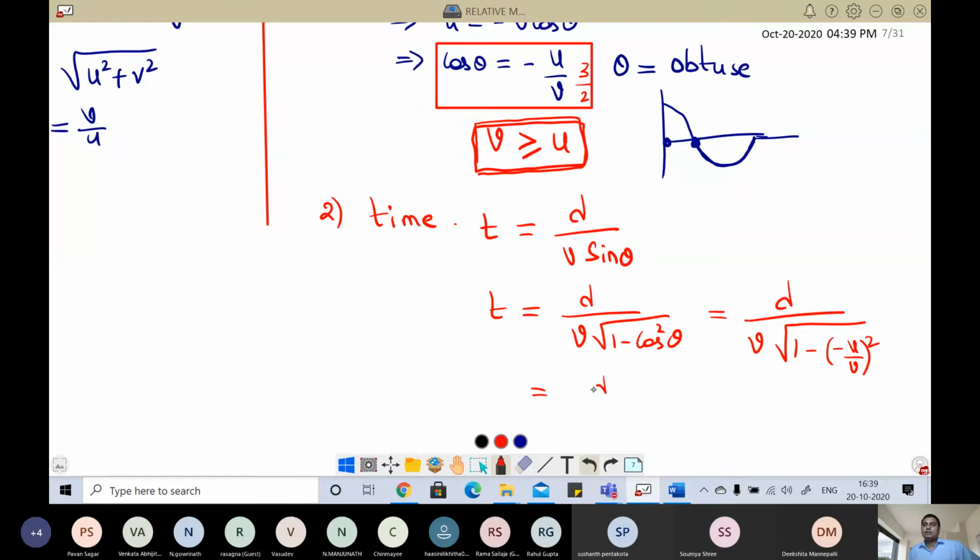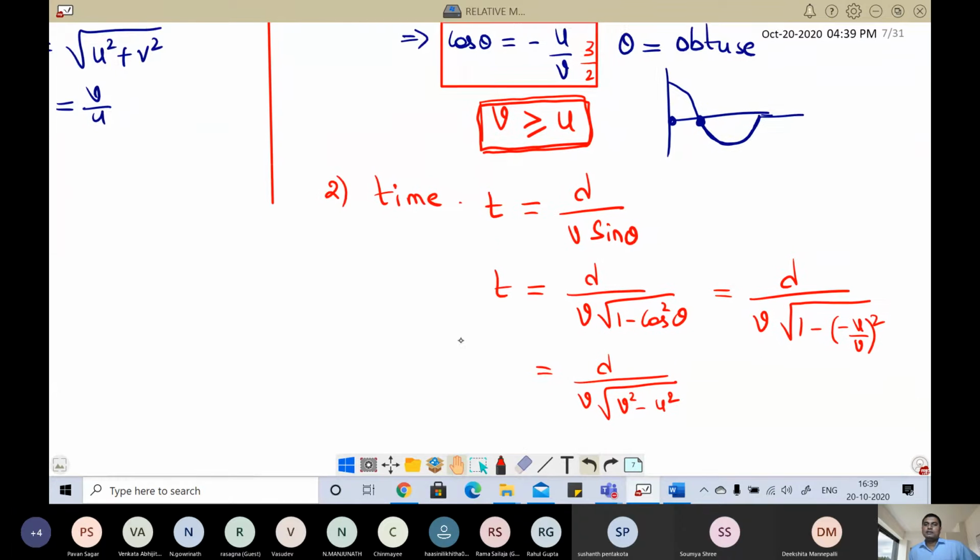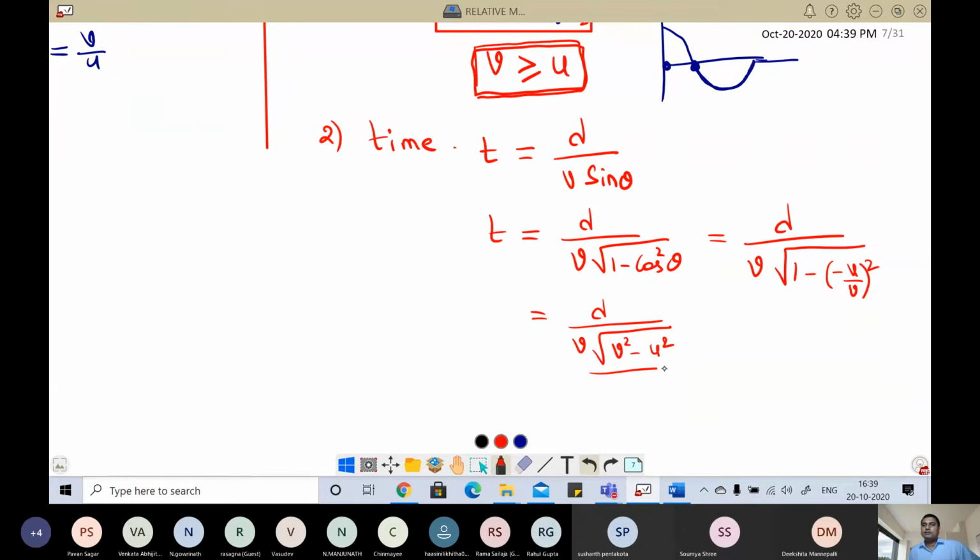That is D divided by V into under root of (V square minus U square) by V square, and in the denominator you will have again V. So this V will get cancelled. So the expression for time is D by root over V square minus U square.